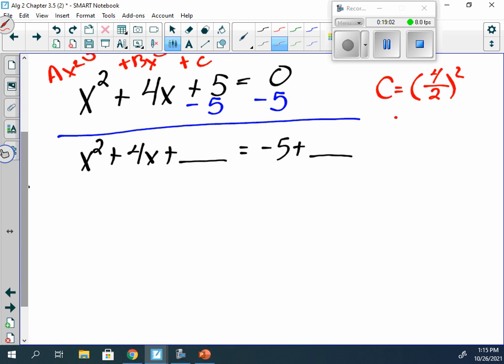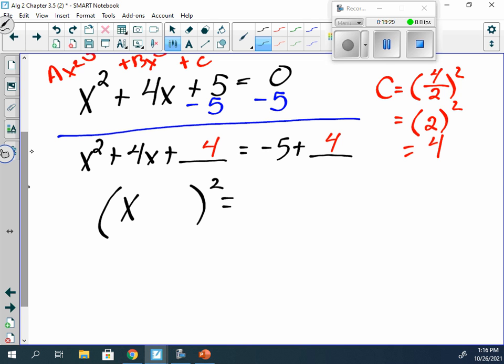Now we do need to simplify this. 4 divided by 2 is? And 2 squared is? Now this here, we'll have our set of parentheses squared. We would have x plus 2. Since the 2 inside the parentheses is positive, we would put plus 2. Squared is equal to negative 5 plus 4 is?